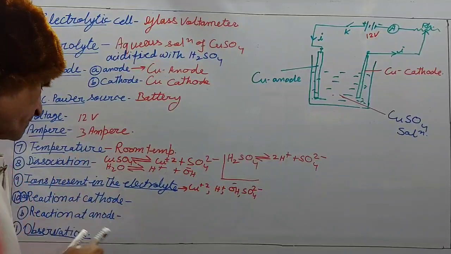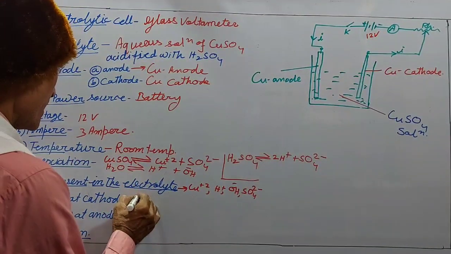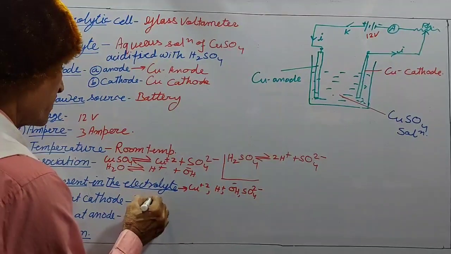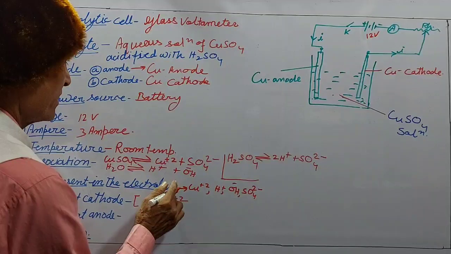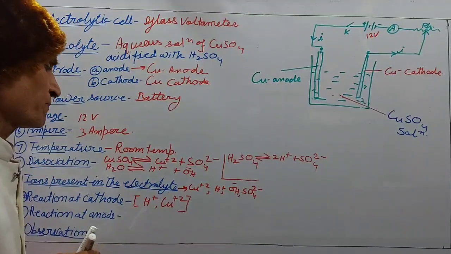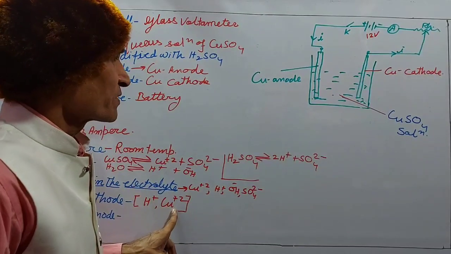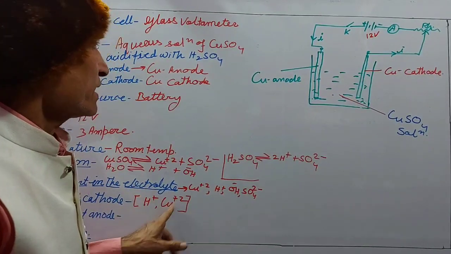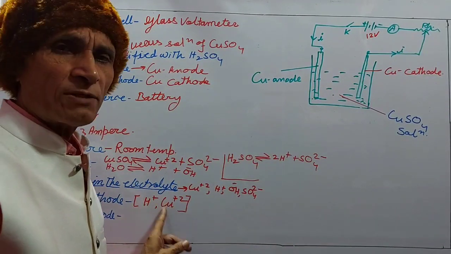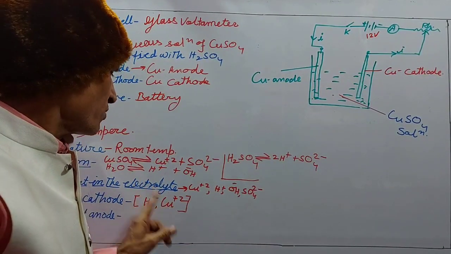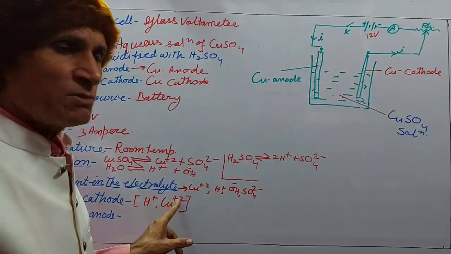Reaction at the cathode. At the cathode, cations are present. I am showing here the cations H plus and Cu 2 plus ions. The Cu 2 plus ion is discharged at the cathode because of its lower position in the electrochemical series. What does it mean?